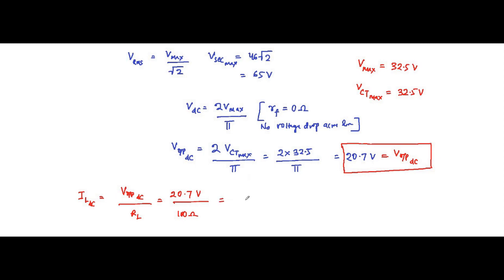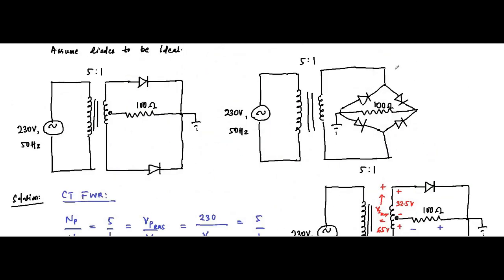Which is equal to 0.207 ampere. Okay, this is for center tapped full wave rectifier. Then for the bridge type rectifier, so let us copy this circuit diagram also.